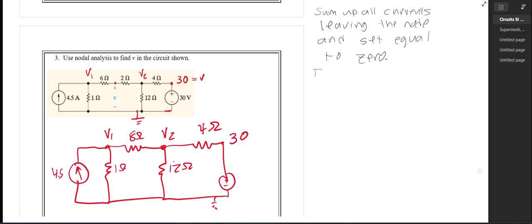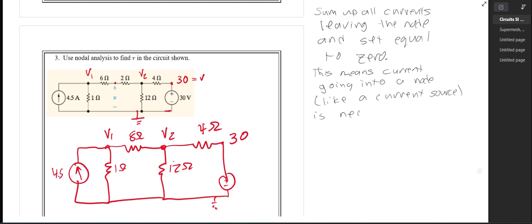This means current going into a node, like a current source, is negative, and current going out is positive.